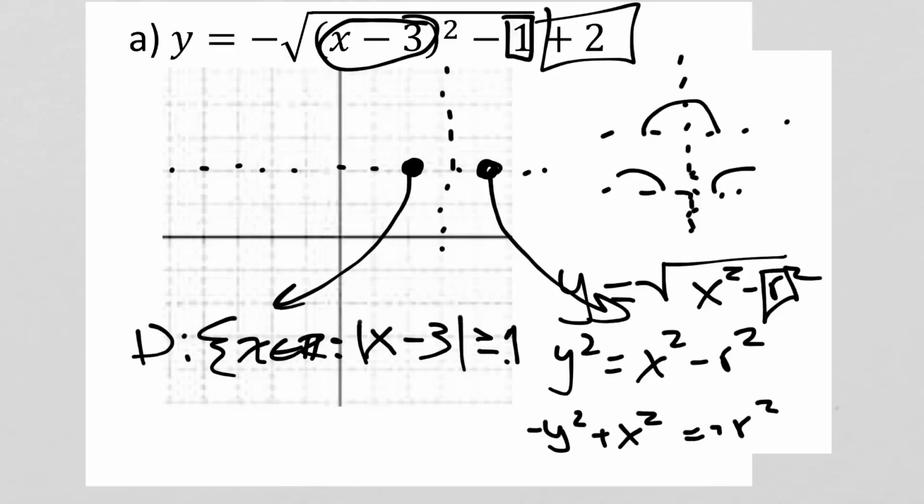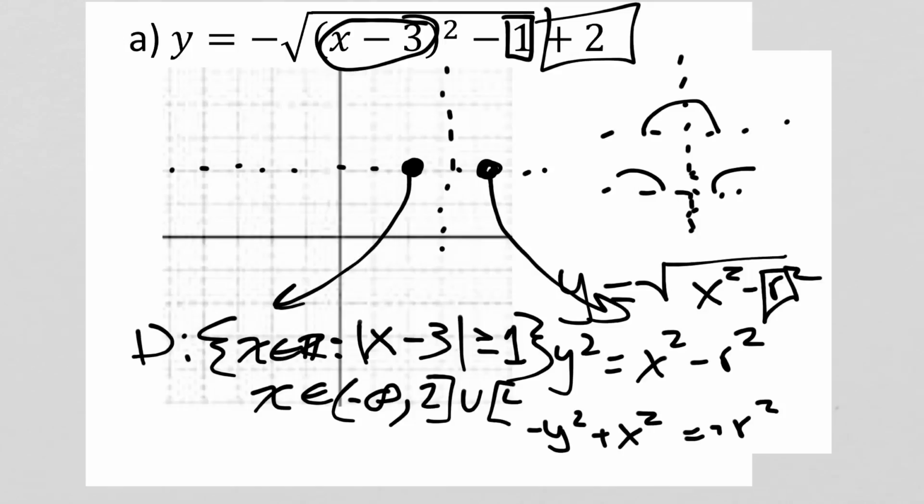Notice where that came from. So x is an element of the interval negative infinity up to positive 2, and then I need to include that 2, and I need to union that with the set starting at my next value, which is 4, going up to positive infinity.